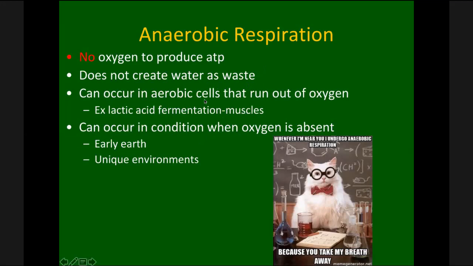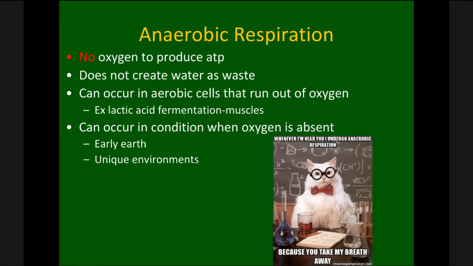So not only do you have anaerobic prokaryotes living in anaerobic conditions like mud flats or the geysers at Yellowstone, that are hot water, don't hold very much oxygen. They're anaerobic conditions. You're going to have anaerobic bacteria living there. There's a few unicellular eukaryotes that live in anaerobic environments that don't have aerobic cellular respiration, but it's not very common.